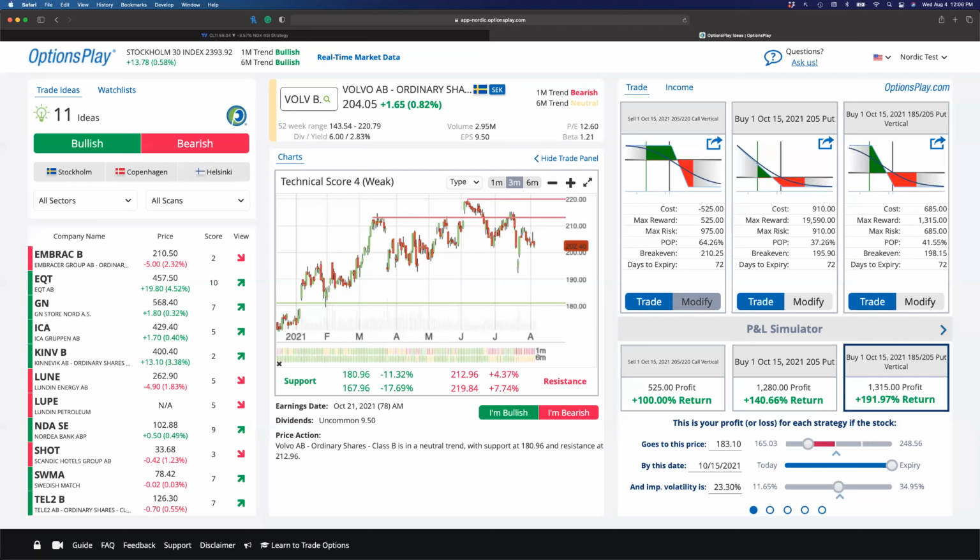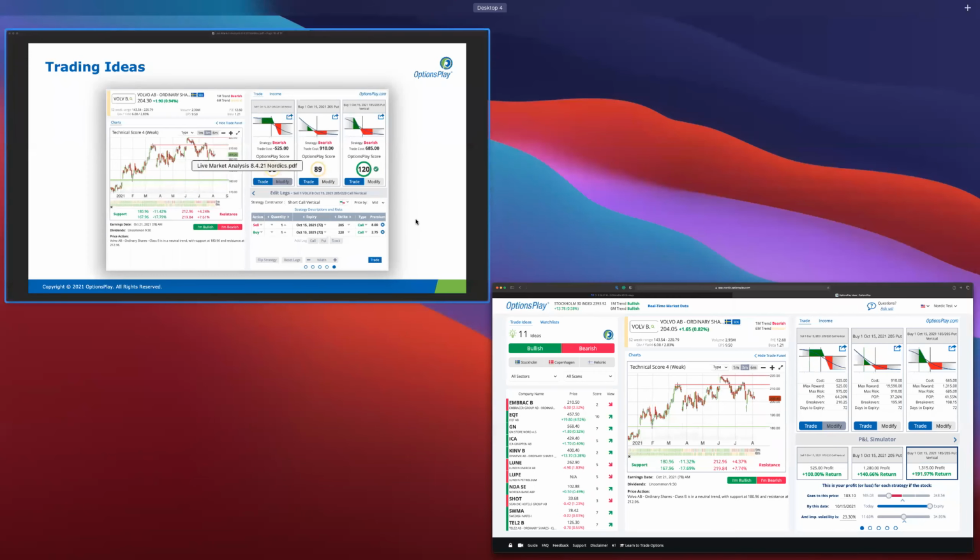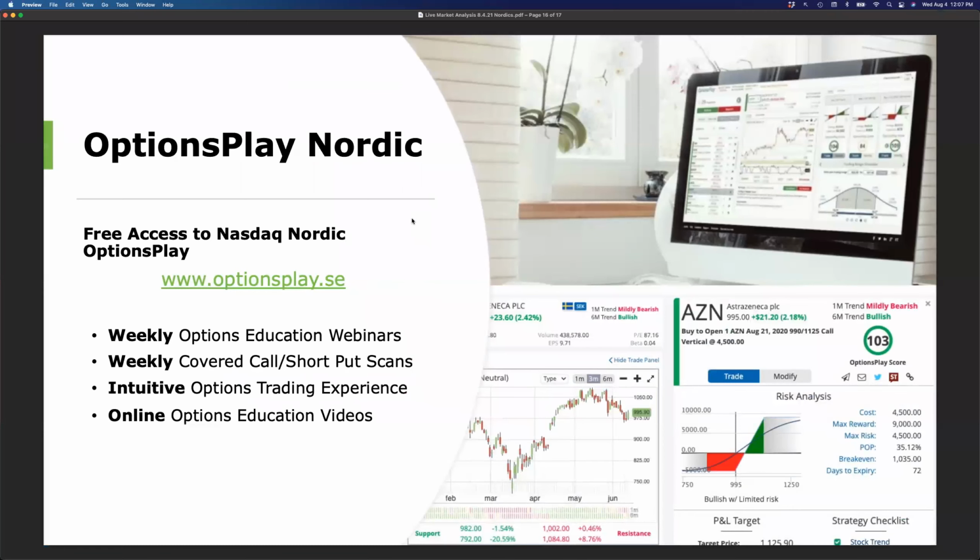We show you how to use this platform to analyze these trades. And hopefully today shows you applications of it using real symbols so that you can get an understanding as to how a strategist like myself goes about determining what is the optimal strategy based on where I think the stock is going to go. So that covers what I wanted to share with you here today.